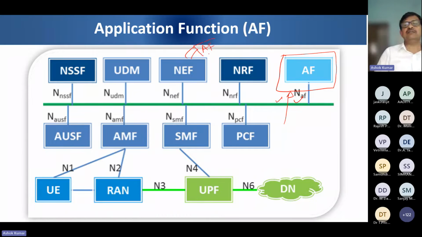Application function means, suppose there is a third-party service for V2X, or a third-party service for AR/VR. Those are application functions. In fact, the architecture is such that their data part will connect to UPF, and their control part will connect through NEF to the 5G core network.